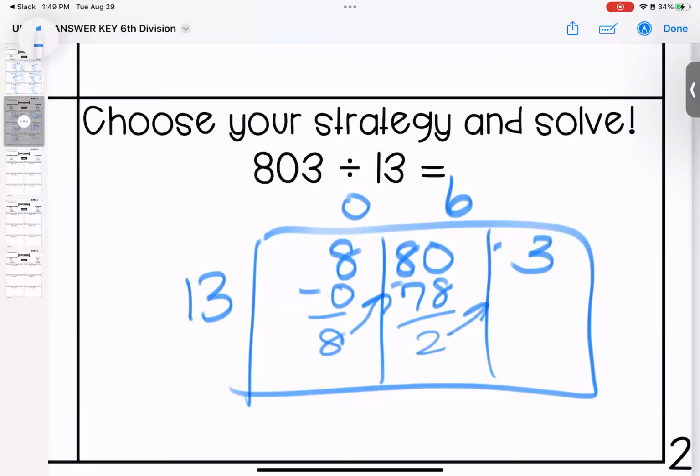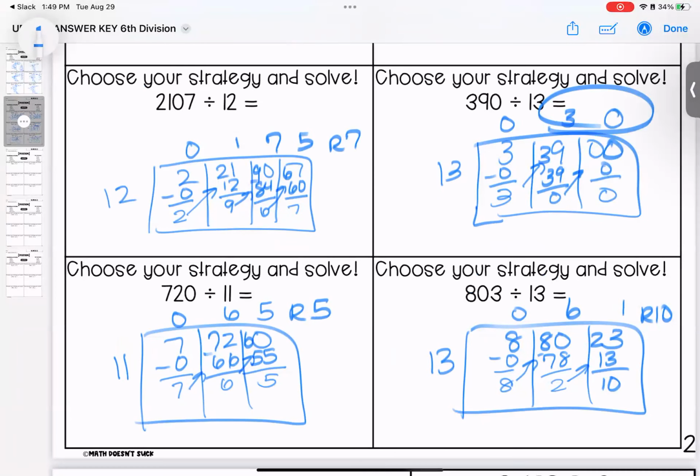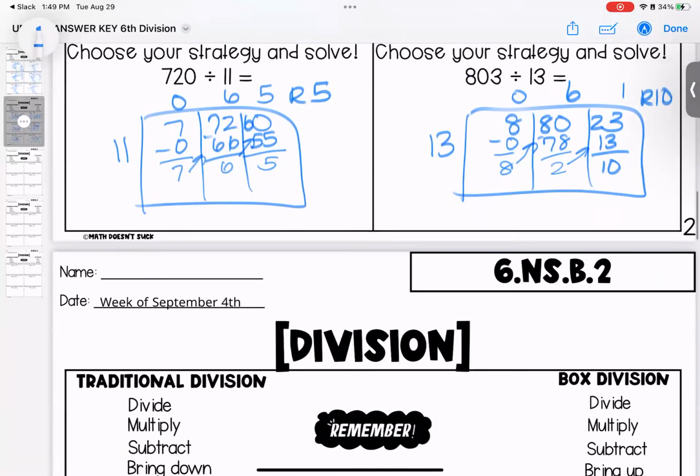Leaves me with 2. Bring it next door. 13 is going to go in just 1 time, leaving us with a remainder of 10, 61 with a remainder of 10. That brings us to the end of page 2 and the last look at box division. If you have questions, go ahead and bring them with you to class.